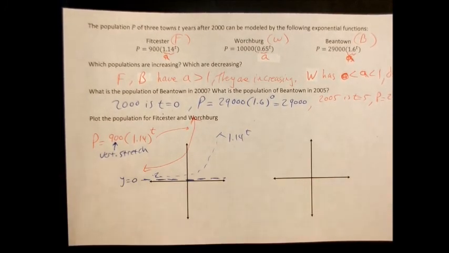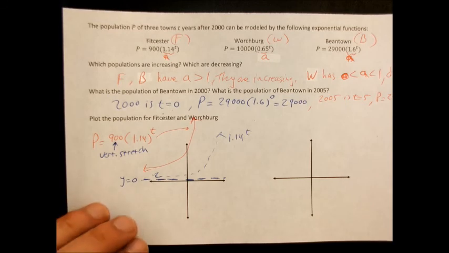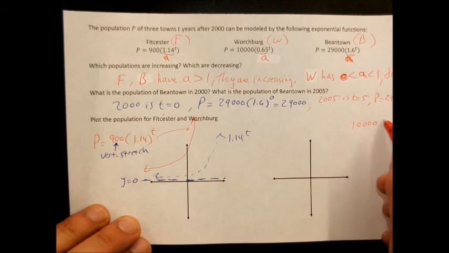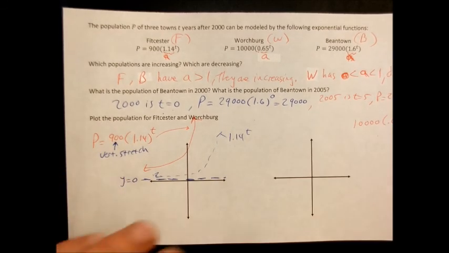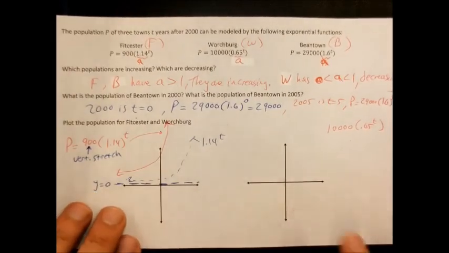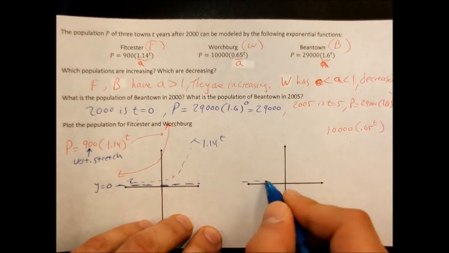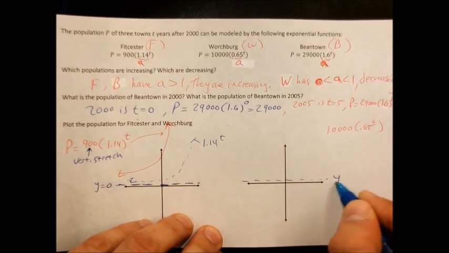Other questions? And so the other one's similar, right? When we do 1,000 times 0.65 to the t. We're doing the same kind of thing, except we're stretching out a decreasing function. So it still has our asymptote at y equals 0.